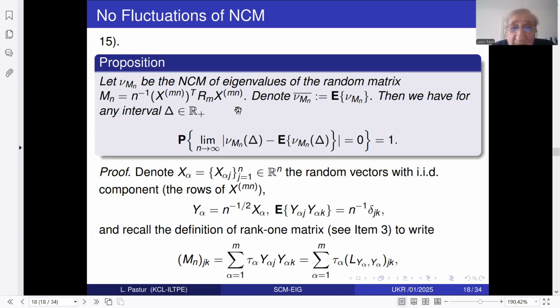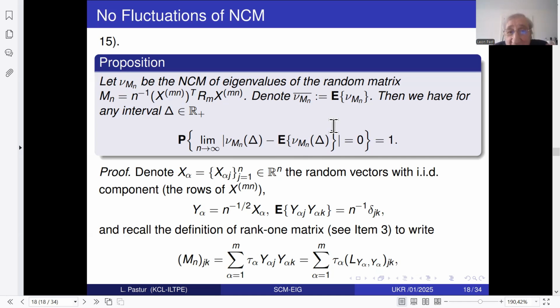My assertion is the following. The measure nu m is random because the matrix is random, and the measure is just the number of eigenvalues falling in a certain interval, so it is random. I take the expectation of this measure, and then take the difference between the measure itself and its expectation. I claim that this difference, which is again a random variable, converges with probability 1 to 0.